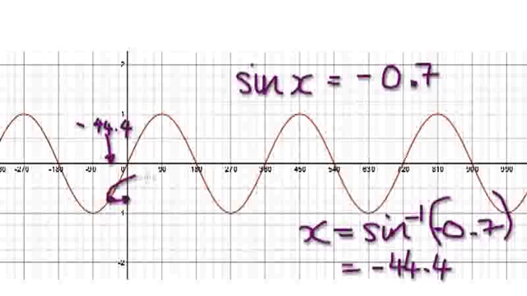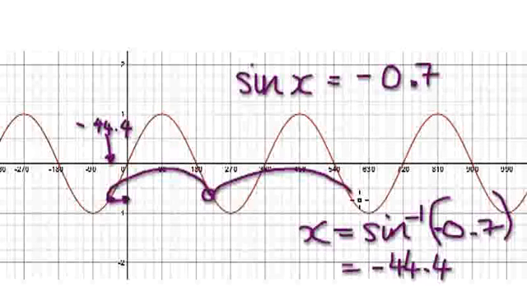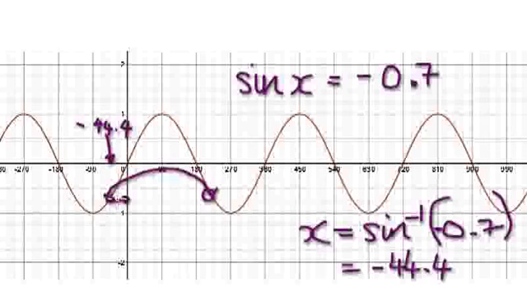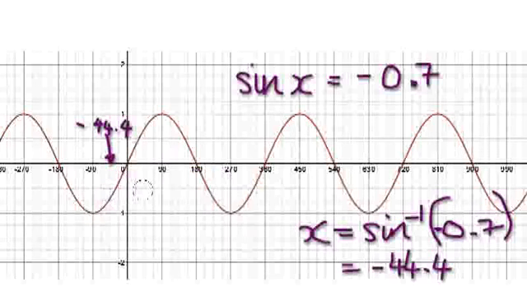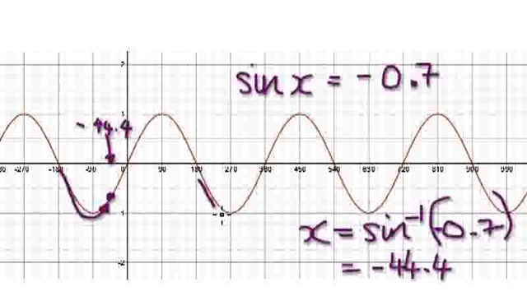Now we just need to add 360 each time. Sometimes I make this mistake when I add 360: I always jump to here as opposed to here. It should be here, and the way you remember is this. Imagine you're walking along here. You would go down and then up, so it would take you to here.